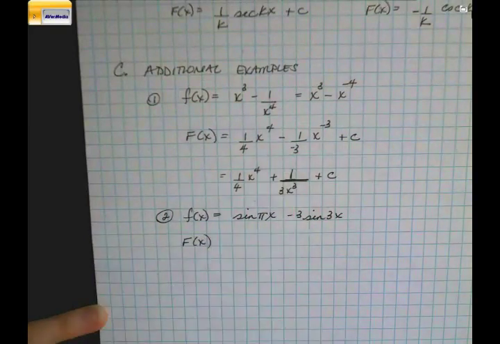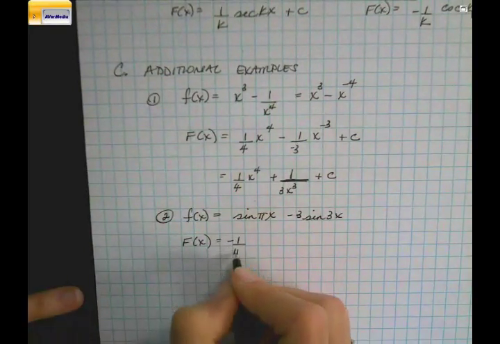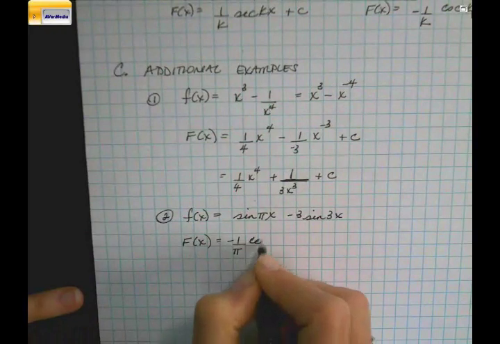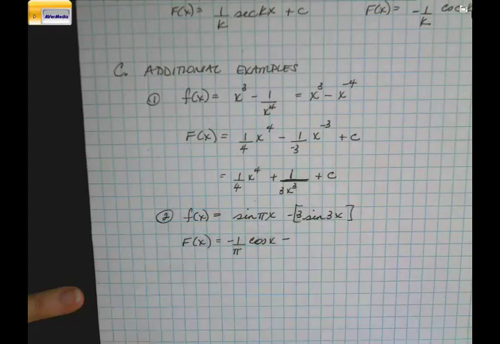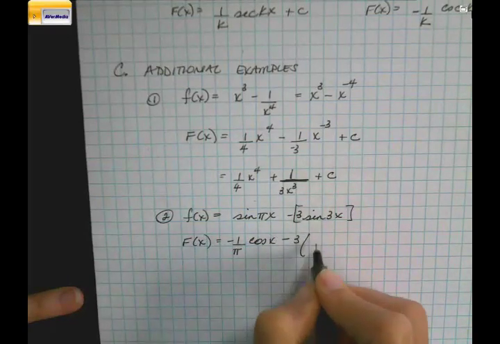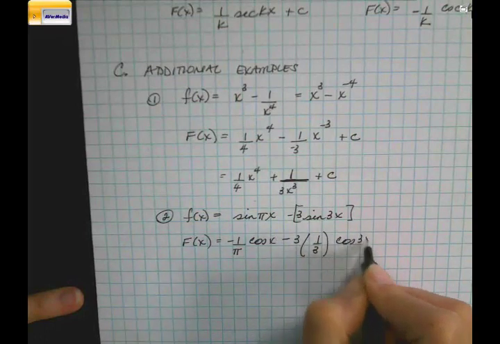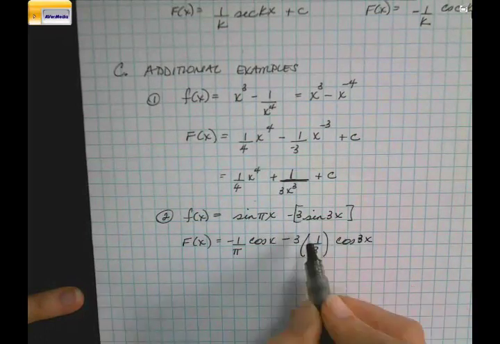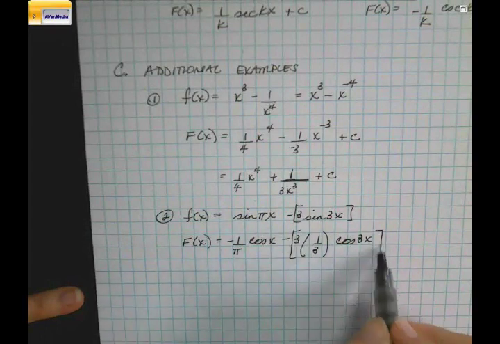Okay, well in this case, pi is your coefficient of x, like your k. So the antiderivative of sine x is a negative 1 over k, or 1 over pi, cosine x, minus the antiderivative of 3 sine 3x, which is 3 times 1 over 3 cosine of 3x. Let me get this here.